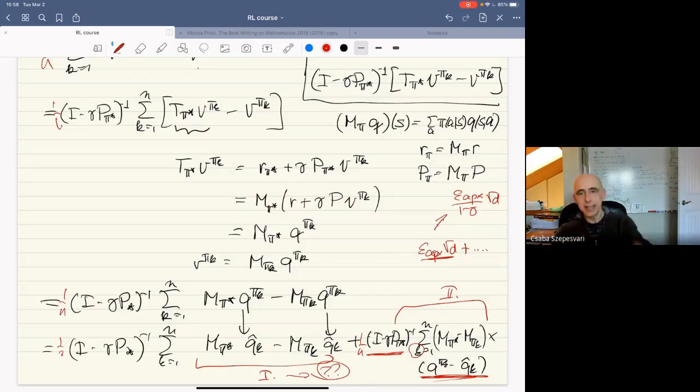And apparently the idea of this whole Politex algorithm is coming from first writing this error decomposition, writing all of this, and then starting at this and then saying, well, how do we control this? And it turns out that this is a known problem. If you know a little bit of the machine learning literature, you realize that this has been studied in some other part of machine learning.